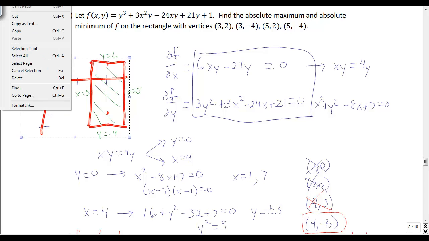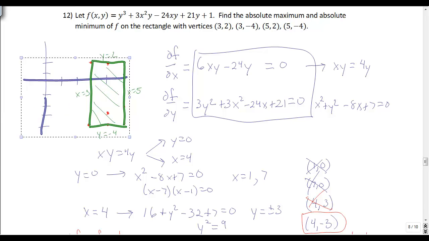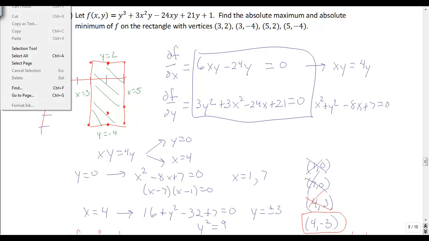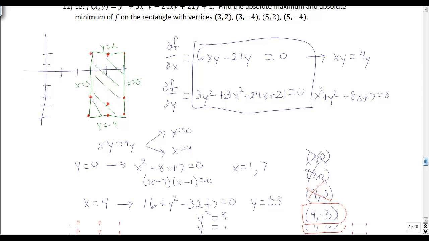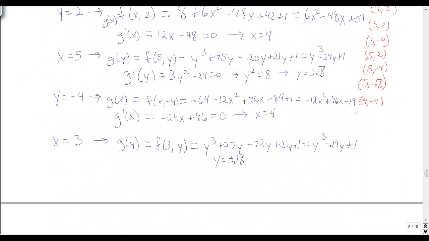Let's undo that. So let's go here. I don't know what's going on here. Let's undo the... There we go. Okay, so negative square root of 8, that's going to be something like here. So those 2 points should be at the same height. In any case, what really matters is I get a point 3, negative square root of 8.